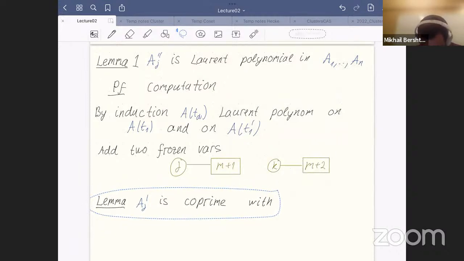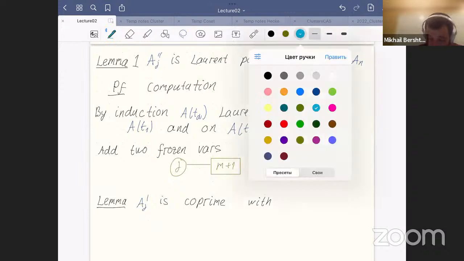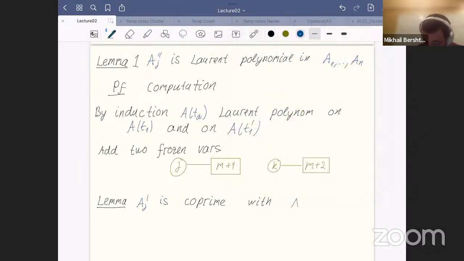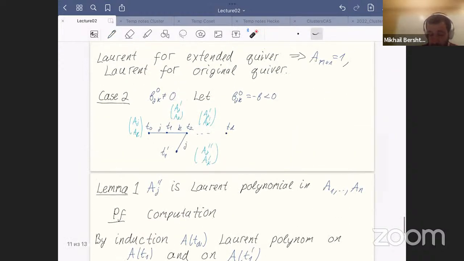AG prime is co-prime with AG2 prime and AK prime. So the new variable which we get in seed T1 is co-prime with the new variables which we have at seed T1 prime.